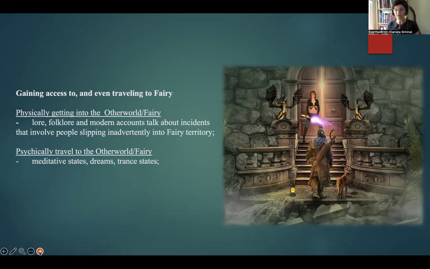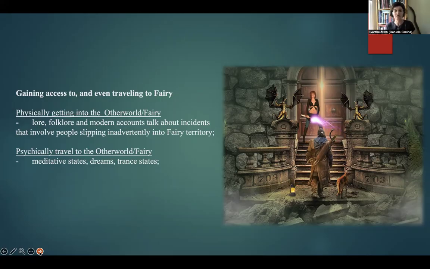They spend what seems like 3 days there, and when they're released and return to the world of humans, they realize that several years have passed. Sometimes it's a matter of days, sometimes it's a matter of years.